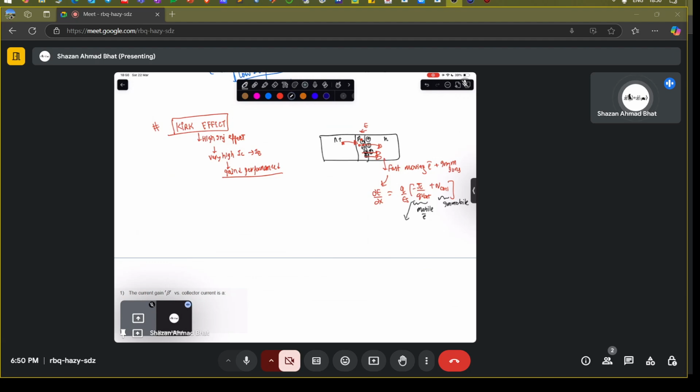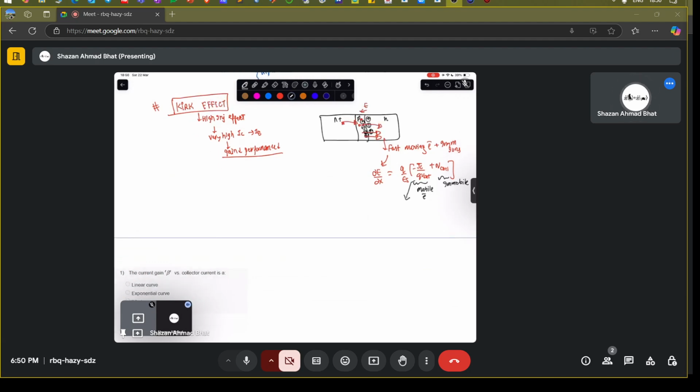So where does this come from? It comes because the current is equivalent to nq mu times electric field, which is basically the velocity. So J is nq times velocity, and you can write n equals J over q times velocity.